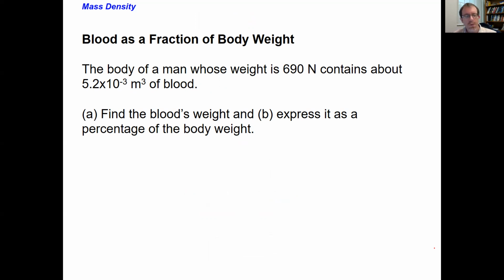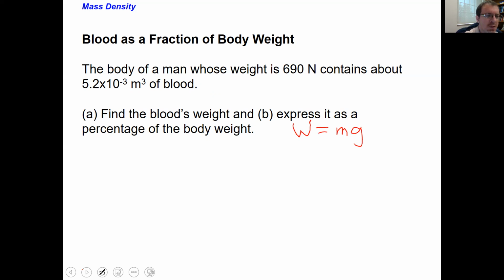Okay. So in order to find the blood's weight, let's first remind ourselves of what weight is. Weight is mass times gravity. That's if we could remember that from our last physics class: weight's mass times gravity. So if we want to know the blood's weight, we need to know its mass.